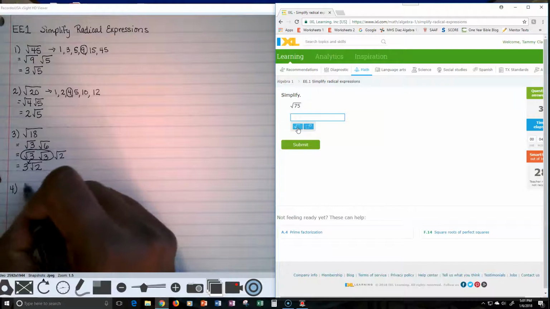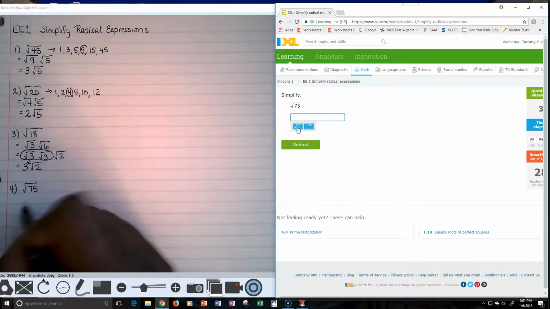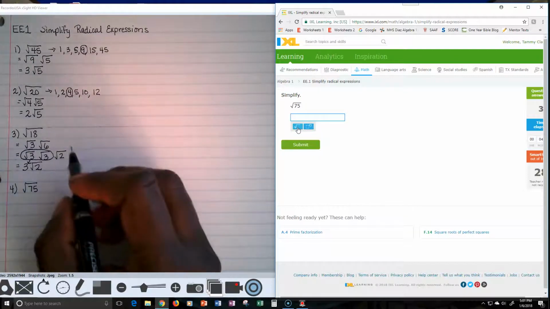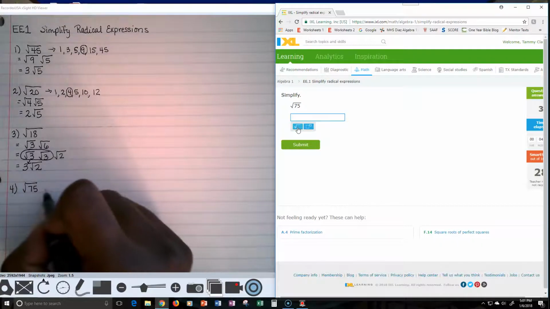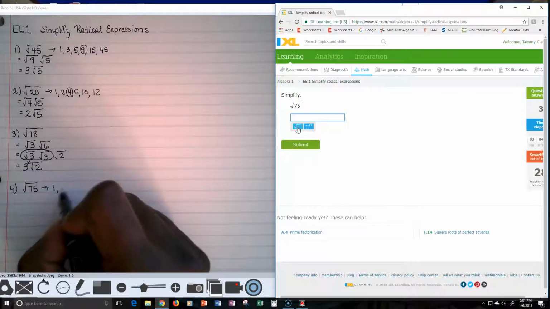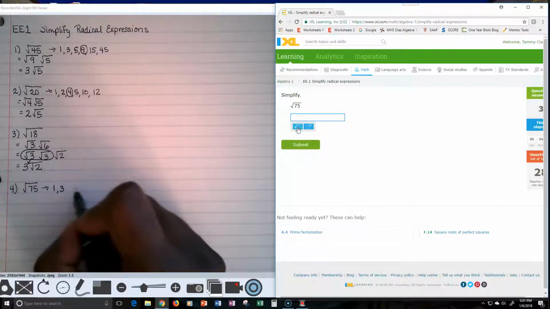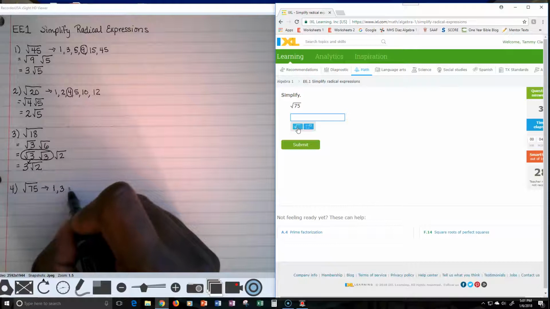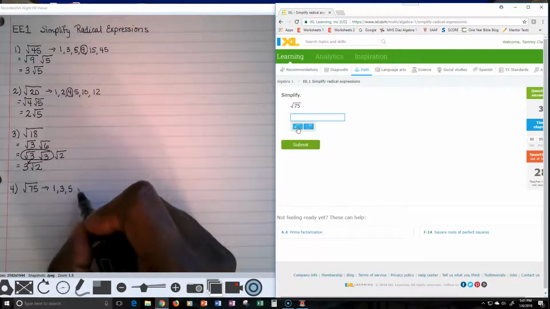Number 4 is the square root of 75. Well, I like finding the highest possible factor that's already a perfect square. So I'm thinking 1, not 2. There's 3, yes, 3, because if I had 3 quarters, that would be 75. 5. Not 6, not 7, not 8, not 9, not 10.